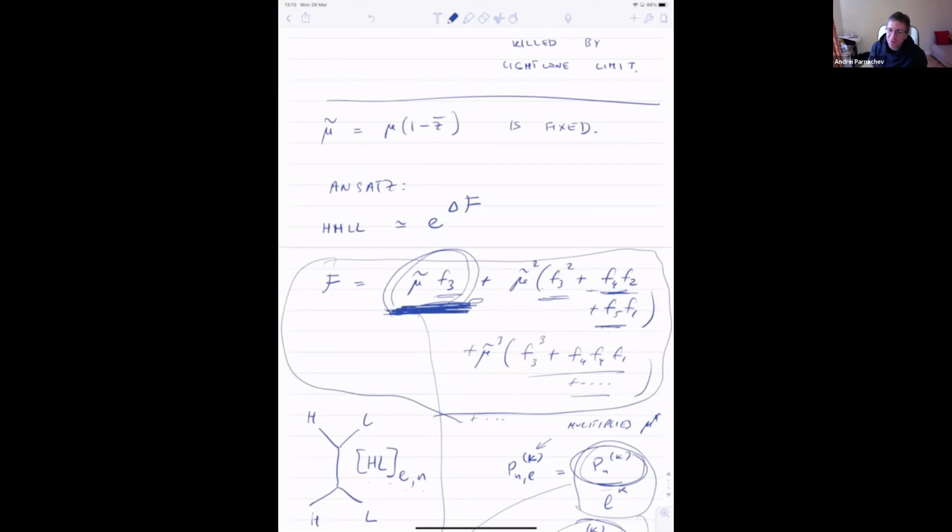In other words, the character of the W3 algebra is going to satisfy our ansatz, but the coefficients are going to be different. Whatever you compute in this near light cone correlator has the same form as a W3 character, but it's not quite that. In fact, there have been a bunch of papers recently where people observed that the leading term f3 appears from the central extension of the W3 algebra, which is different from Virasoro.